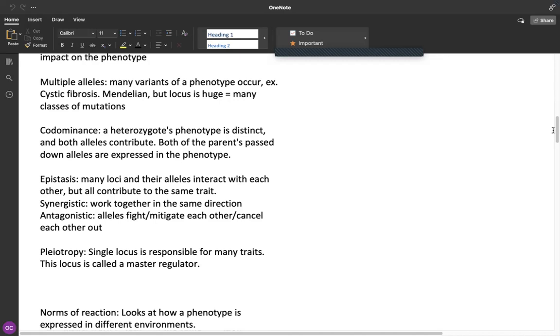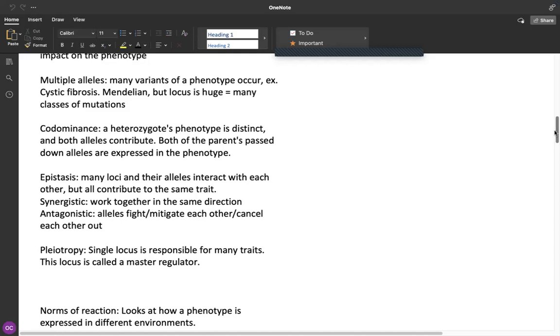So there is a lot of room for mutations to occur. There's many different mutations that can cause cystic fibrosis. So if you remember back to that little pamphlet that we read with the different classes of mutations for cystic fibrosis, that's how we can get so many different classes and still consider it to be cystic fibrosis.